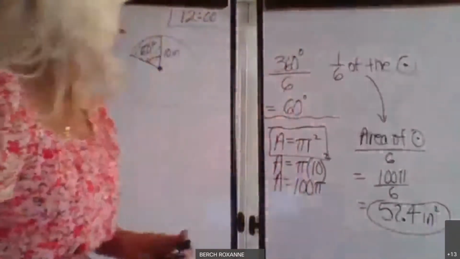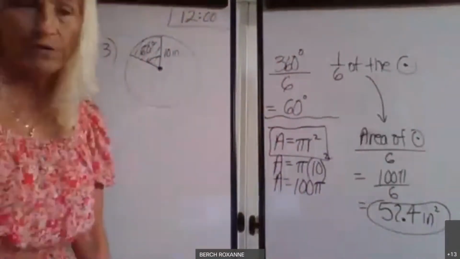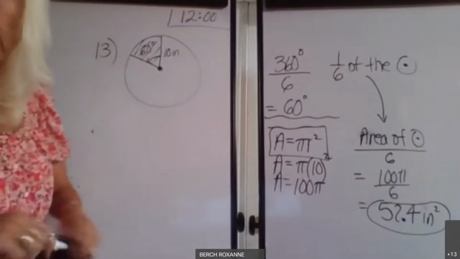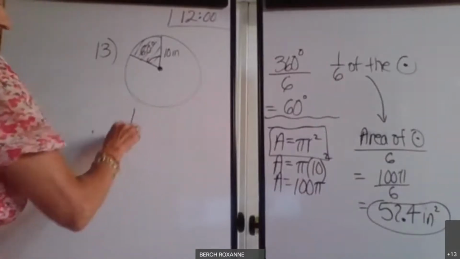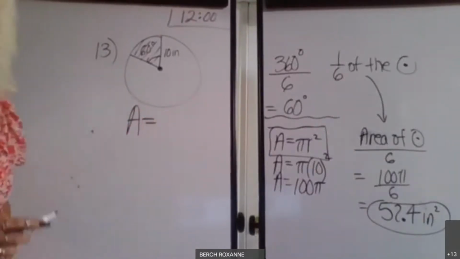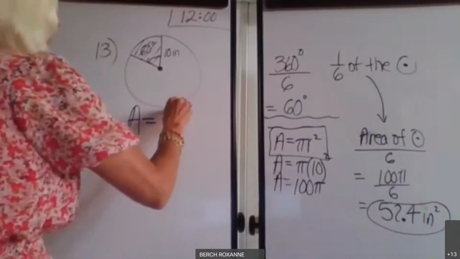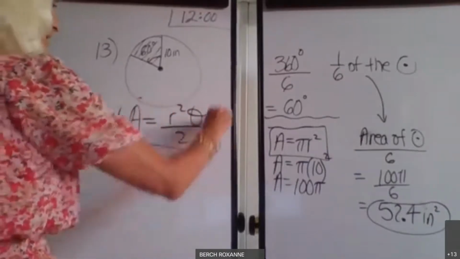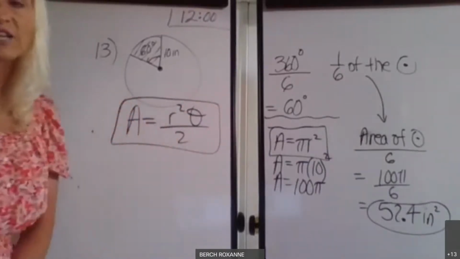So anyhow, when I looked on the internet and talked to this other group, they said they saw a formula that looked like this: the area of a sector is equal to r squared times the angle divided by 2. I've never seen this before, but somebody came up with it, and it actually works.